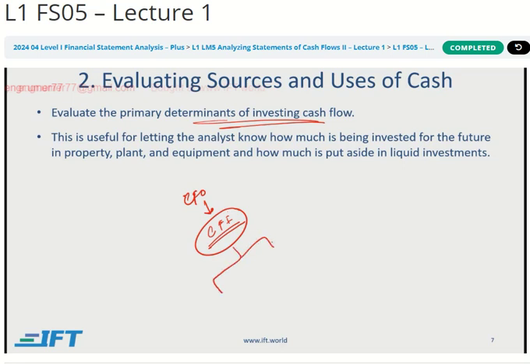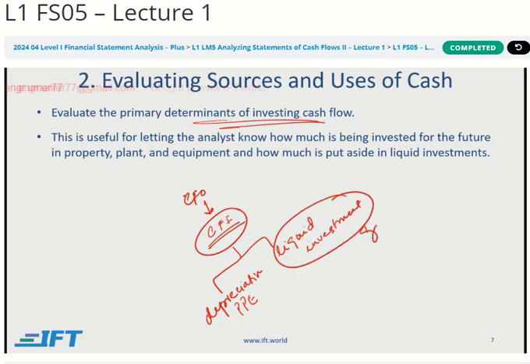And is that covering the depreciation of your property, plant, and equipment? Or is it because you're just saving for a rainy day by investing in some liquid investments? So obviously this is a good thing, because if the company has a lot of positive cash flow from operations and it is setting aside that positive cash flow in long-term investments, that of course is a very good thing.